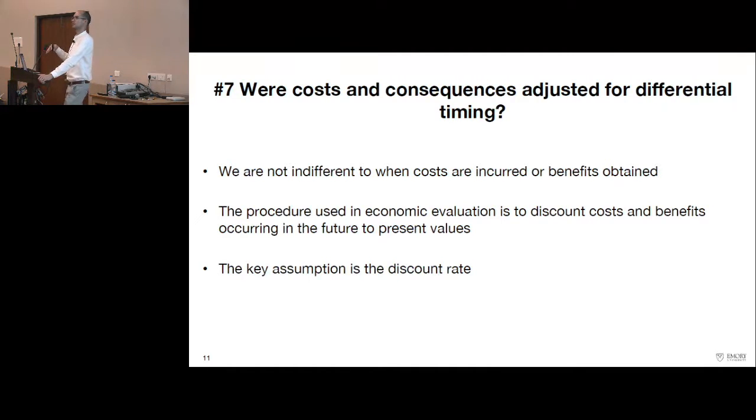If the researchers had a good reason why not to discount costs and or consequences, they can do this as a separate analysis on the side, but for reporting purposes and comparison purposes across interventions, discounting should have been done as well.